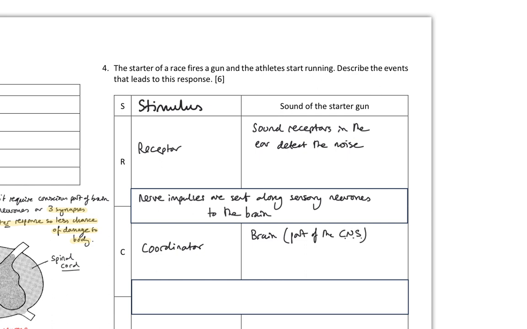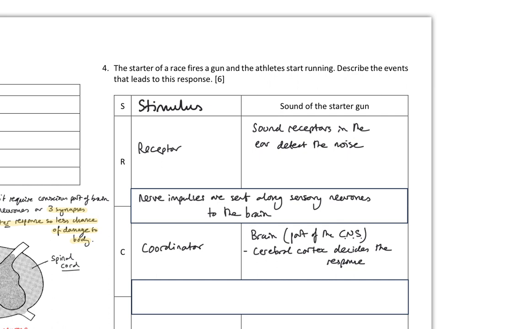But because I'm going to be deciding what to do here, it must be the conscious part of the brain. Let's put a little bit of detail here just for showing off. It's the bit of my brain that is me and is thinking about it. So it's the cerebral cortex. It decides what to do. It decides the response. Again, lots of neurons are involved as I make that decision.